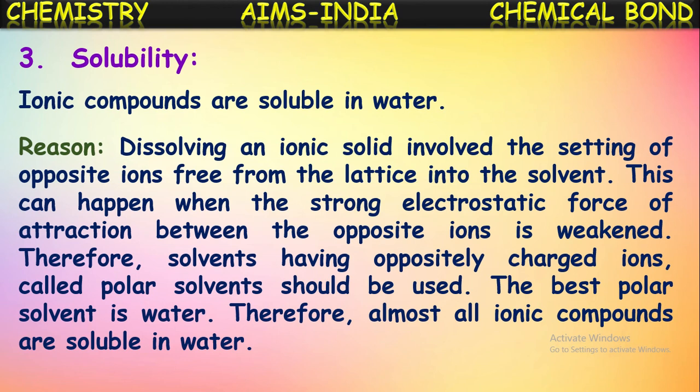This can happen when the strong electrostatic force of attraction between the opposite ions is weakened. Therefore, solvents having oppositely charged ions, called polar solvents, should be used. The best polar solvent is water. Therefore, almost all ionic compounds are soluble in water.